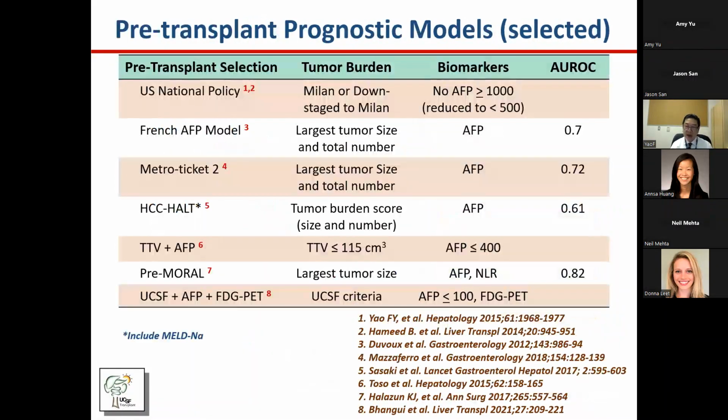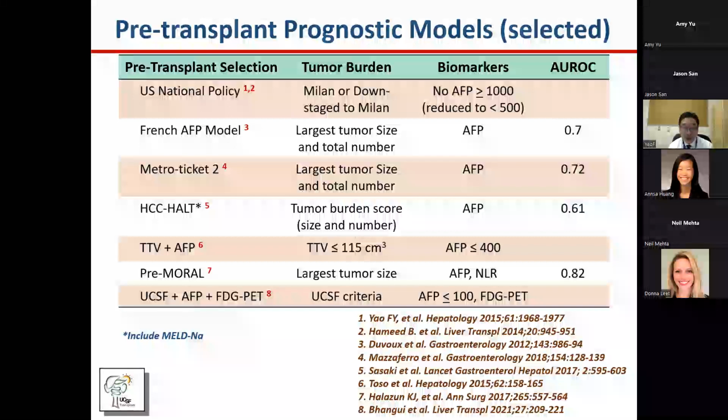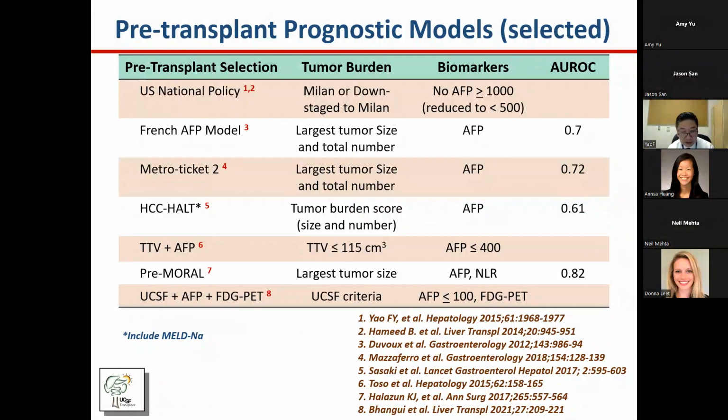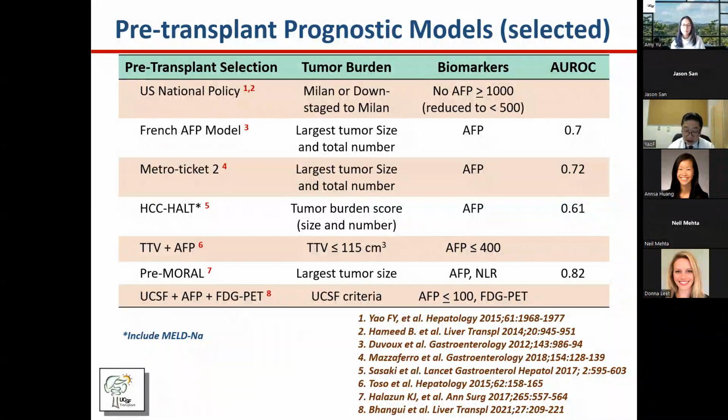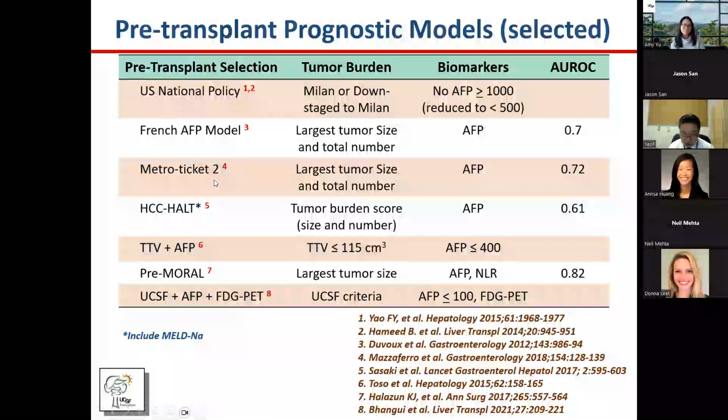Okay, so this is a summary of the selected prognostic models that have been proposed. The US national policy requires tumor burden to be within Milan or downstaged to Milan, and those with AFP at least 1,000 are required to show a decrease in AFP to less than 500 with locoregional therapy. We already discussed the French AFP model and the Metroticket 2.0 version.